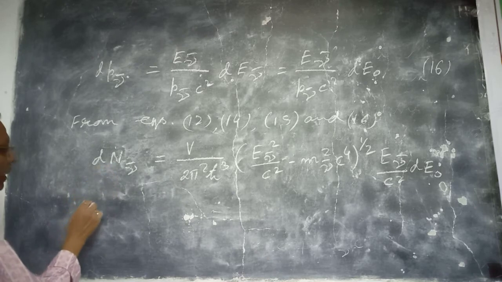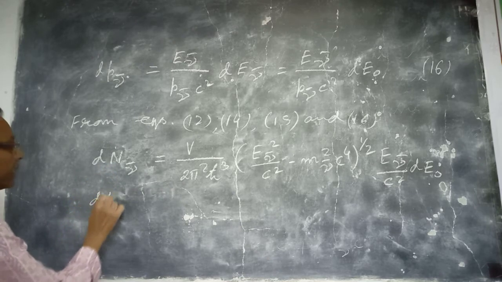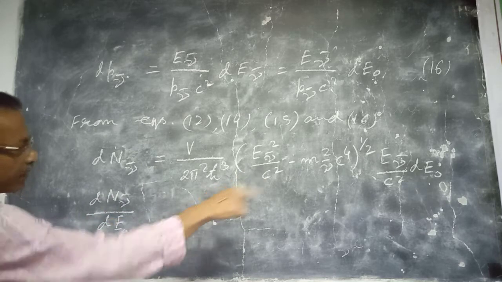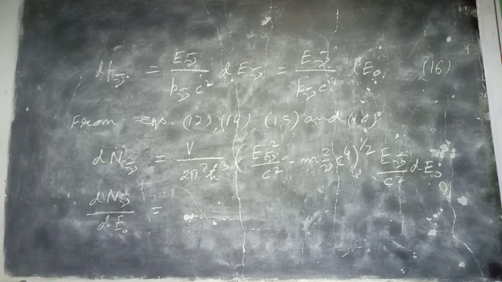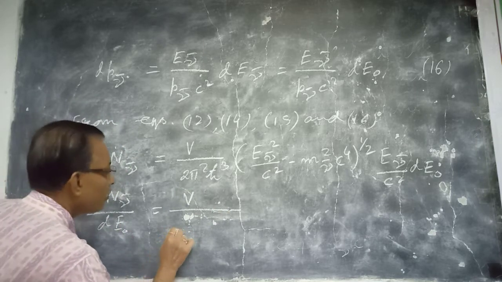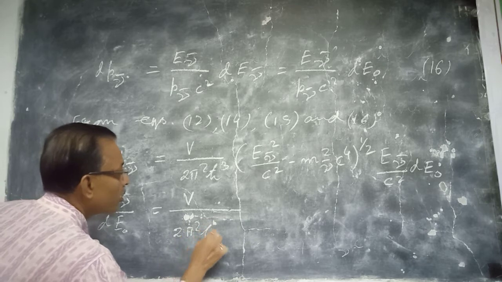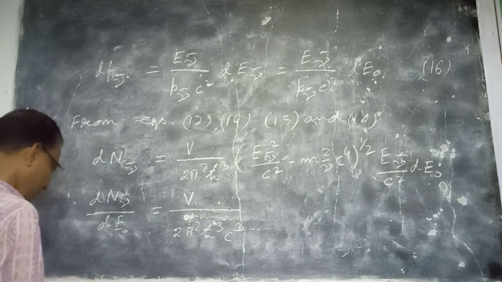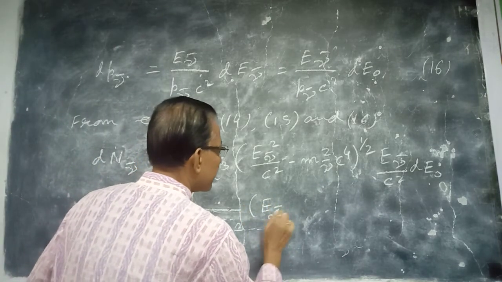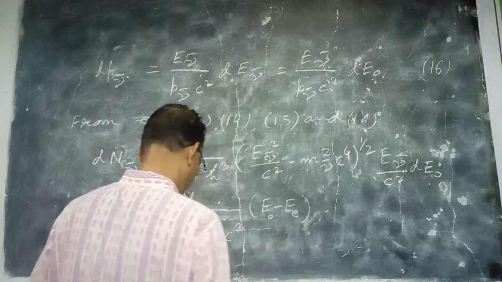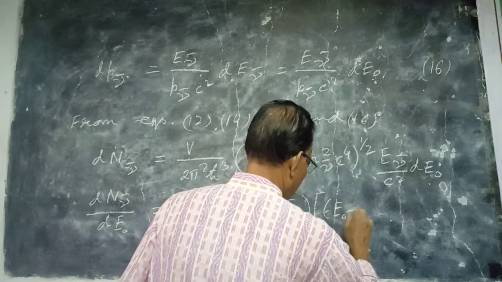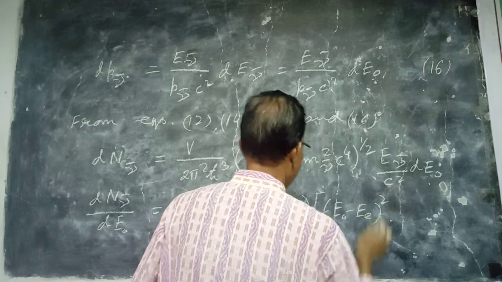And then dn nu bar by dE0, we take dE0 here, then you get V divided by 2 pi square h cross cube c cube, E0 minus E, whole square.